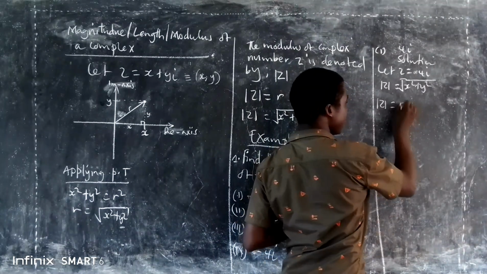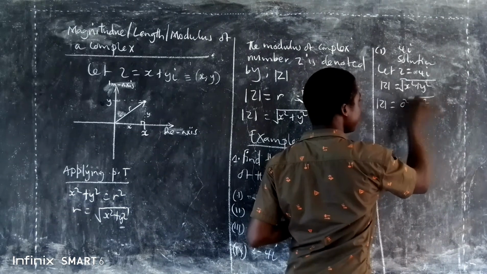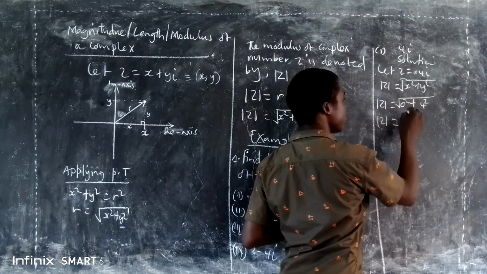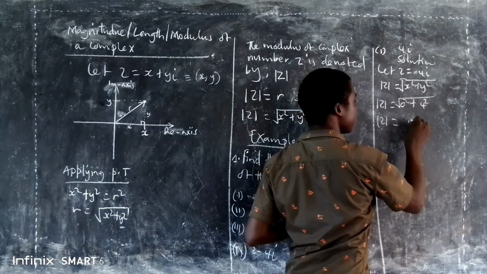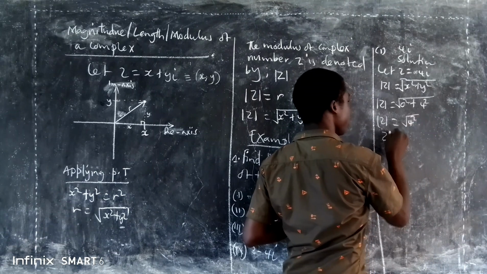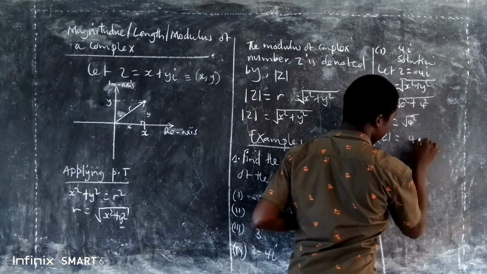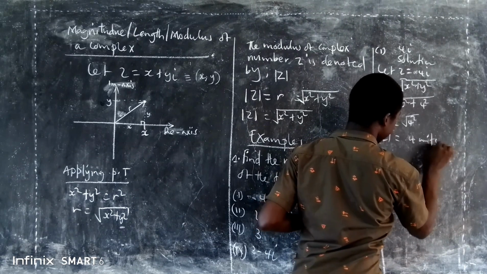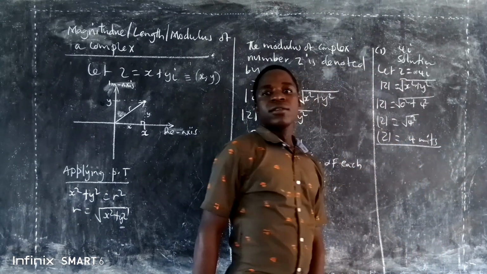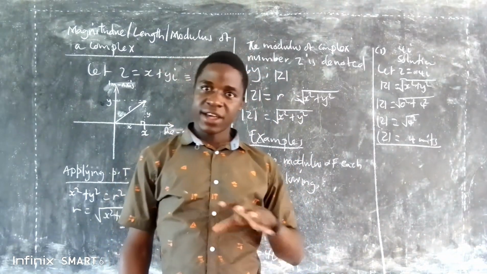So x, which is 0, squared plus y, which is 4, squared. Z magnitude is the square root of 4 squared, so Z magnitude is equal to 4 units.